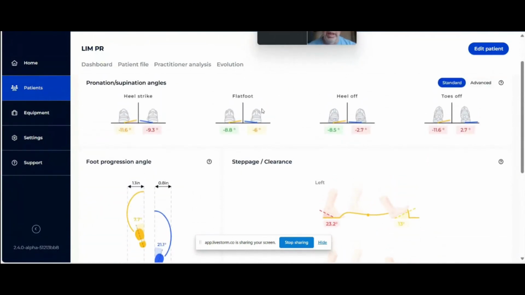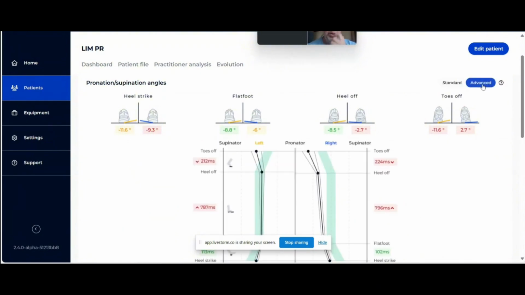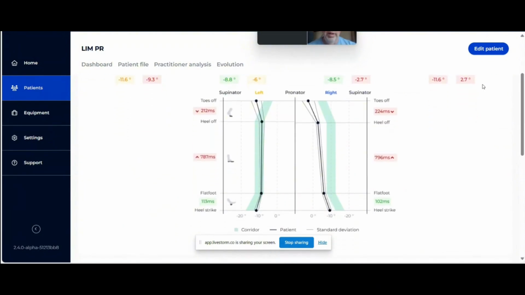But before we do that, we're going to look at the pronation and supination angles. So this is also kind of important, because when we looked at the gait line, we saw that she has some slight increase in pronation. It's worse on the right side than it is on the left. And then you look at her toe off position, and she's definitely deviating in the opposite direction on that left side.